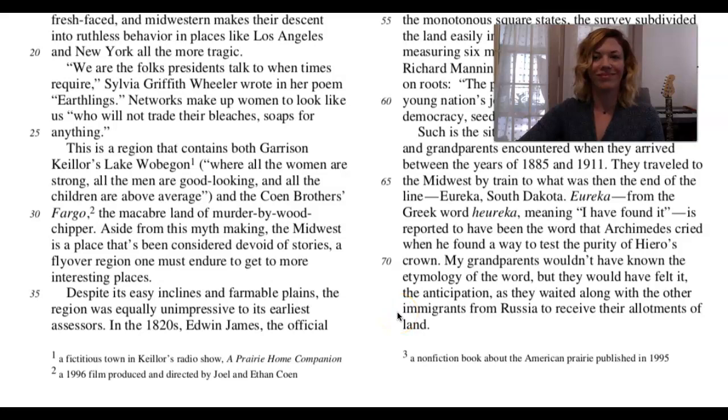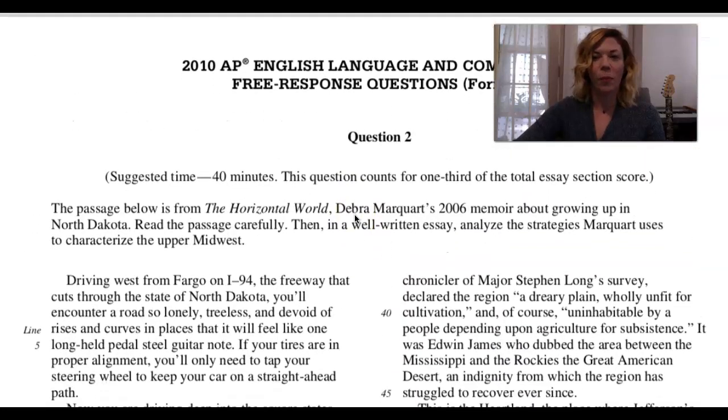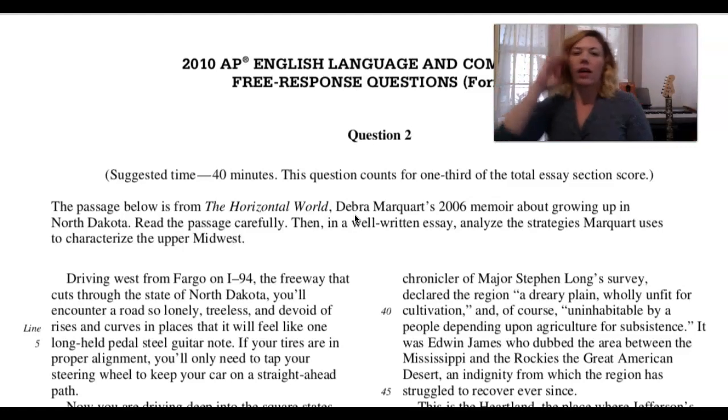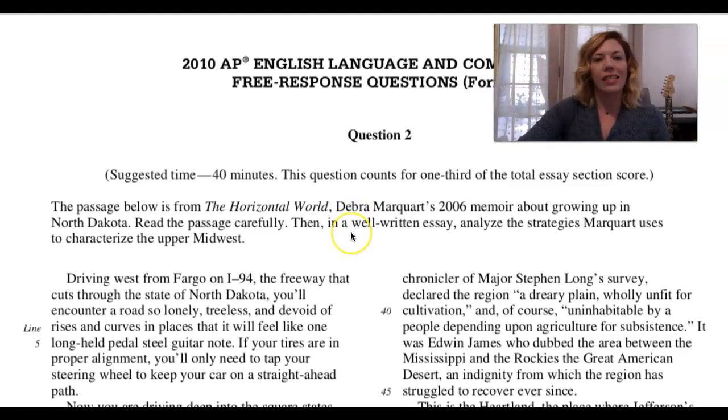Okay. Now, I wanted to use this one because a lot of the modern texts are deceptively simple. What do I mean by that? I mean, when we look at this, you understood probably 97% of the words and the meaning here.